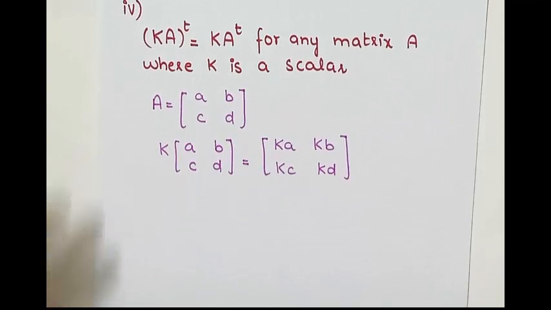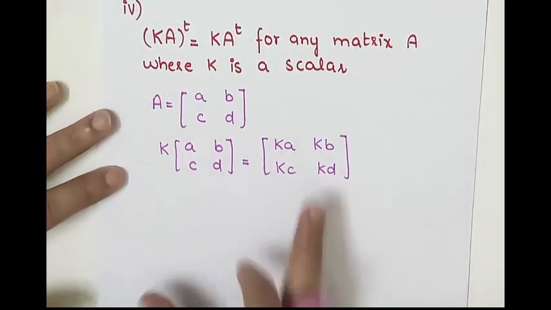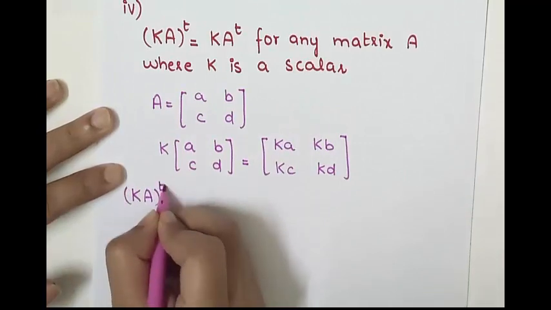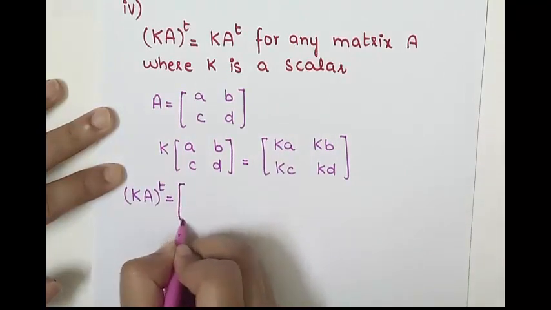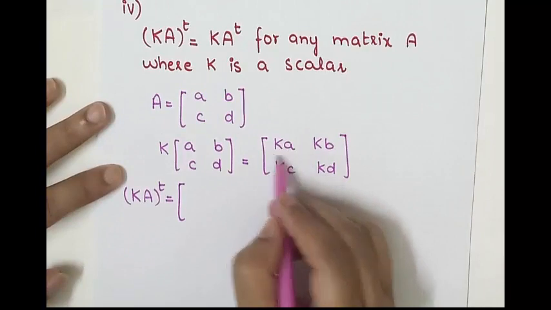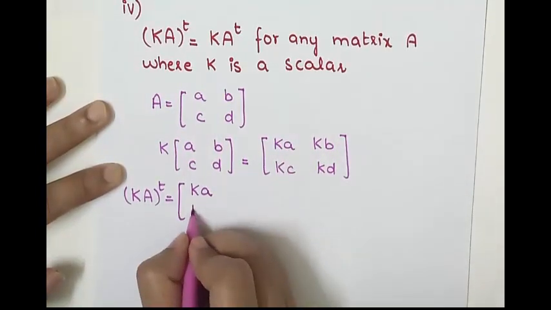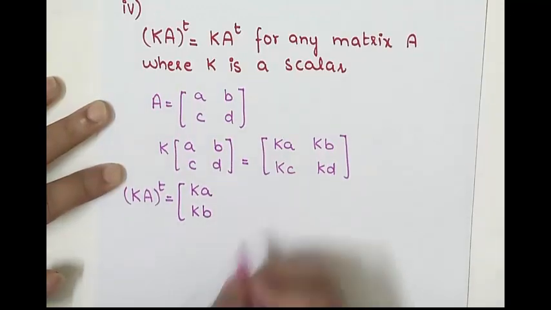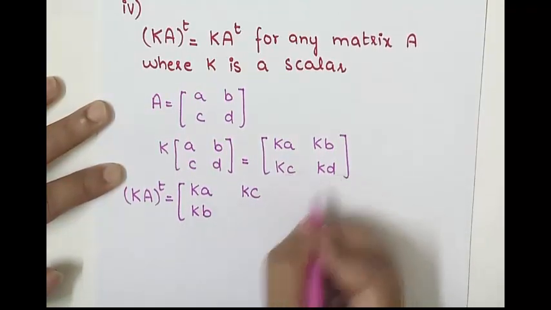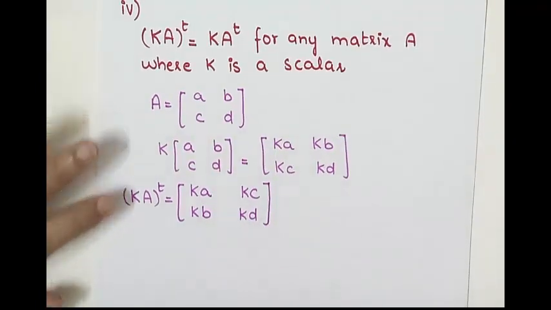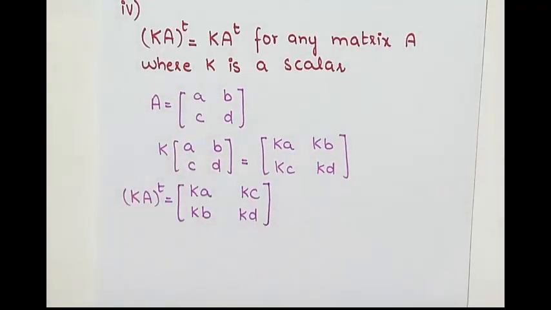So this is KA. Taking the transpose of the matrix, changing the rows into columns, we have KA, KB, KC, KD. So this is the left hand side.